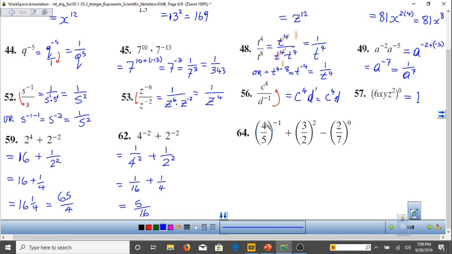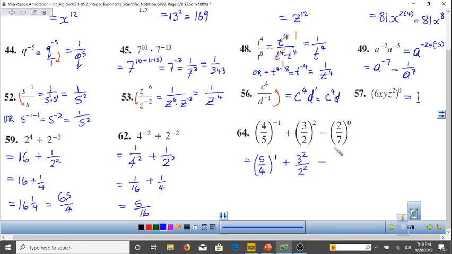Let's go with this one. 4/5 to the negative 1 is the same as 5 over 4 to the positive 1. And I'll leave that for now. And then 3 over 2 squared is 3 squared over 2 squared.